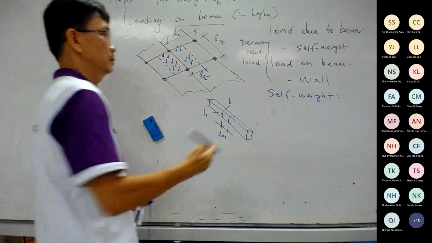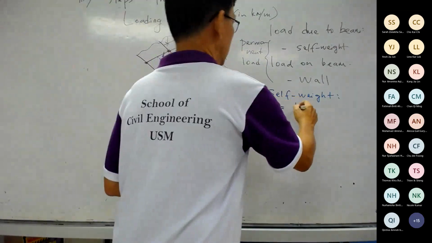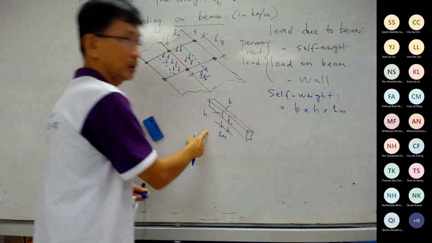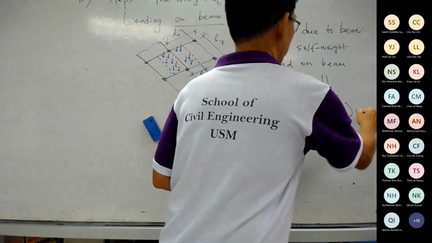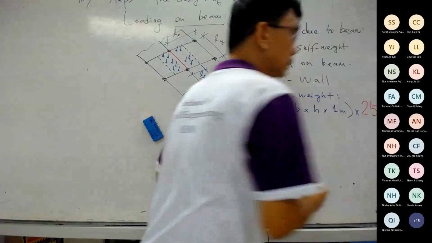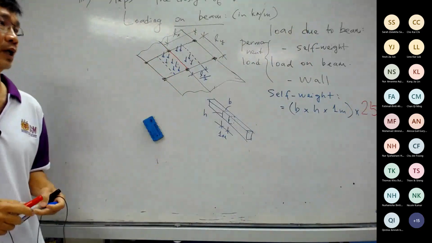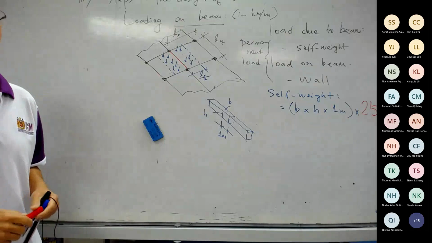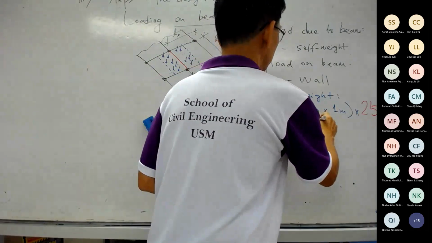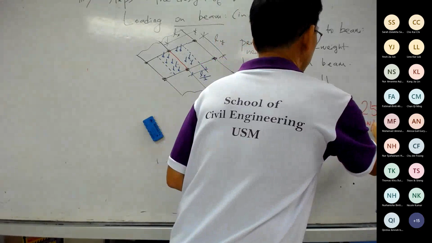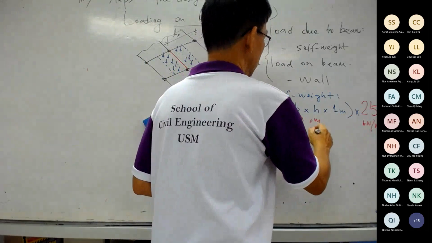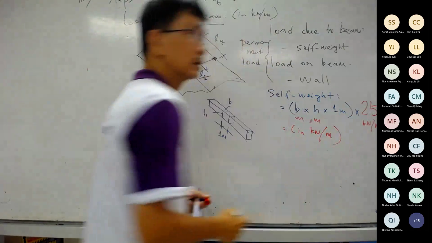So self-weight of the beam equals B multiplied with H, then multiplied with 1. This is to convert to per meter. Then multiply with the unit weight of concrete, 25. Okay, class, don't make mistakes anymore. This is 25, not 35, not 30. So this is everything in meter, and this is in kilonewton per meter cube. Okay, so we get, this is finally in kilonewton per meter.